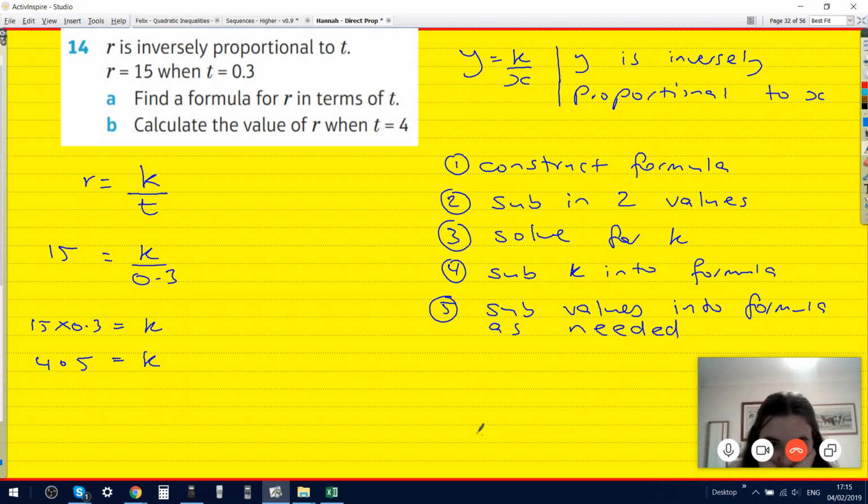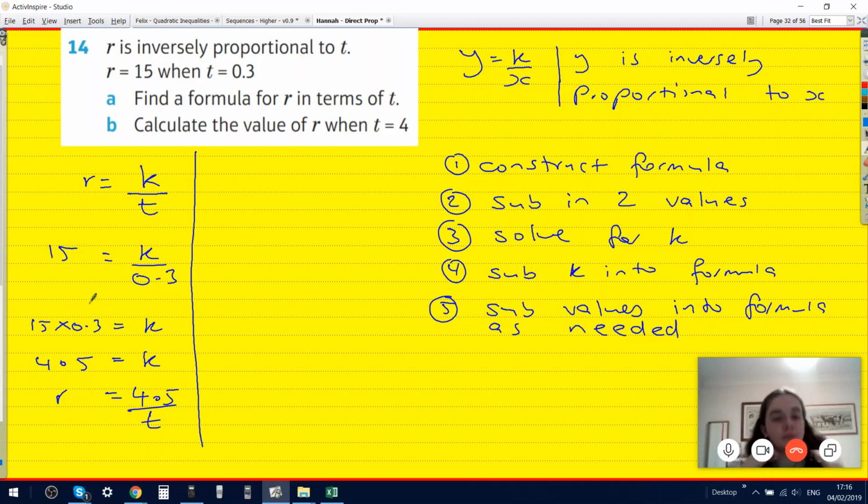And so what is the formula now that we have k? r equals 4.5 over t. And so it's a bit like the equation of a line. You just do it in terms of y and x in general, or in this case, r and t. So that's our formula.